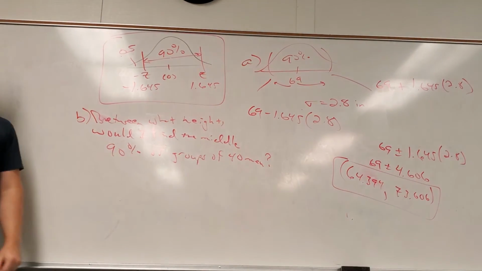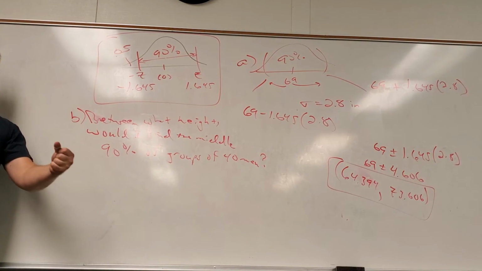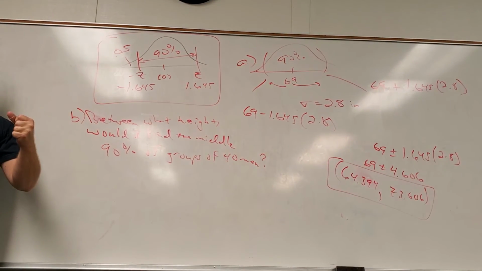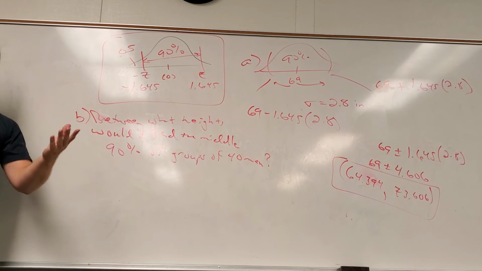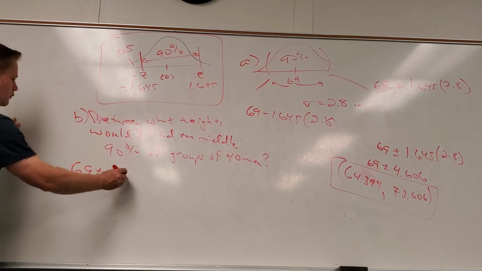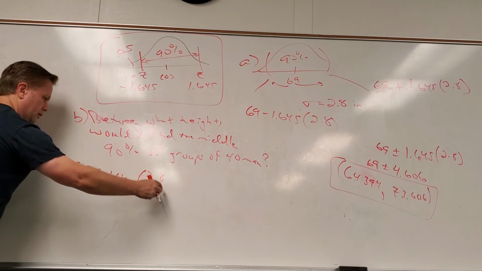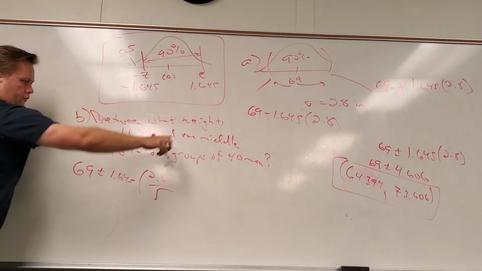there's only one thing that changes in the work I did. We already know what that one thing is. What changes? Standard deviation. So now instead of 69 plus or minus 1.645 times 2.8, it's 2.8 divided by the square root of 40.